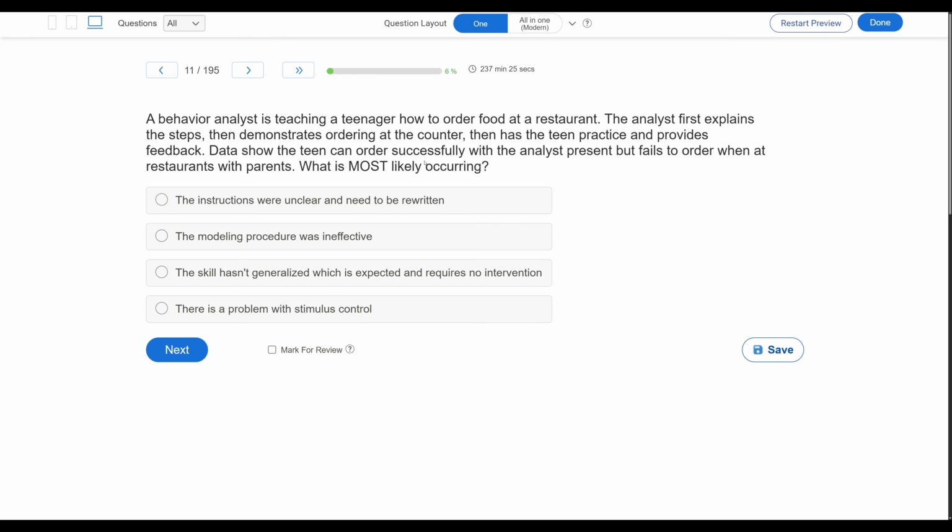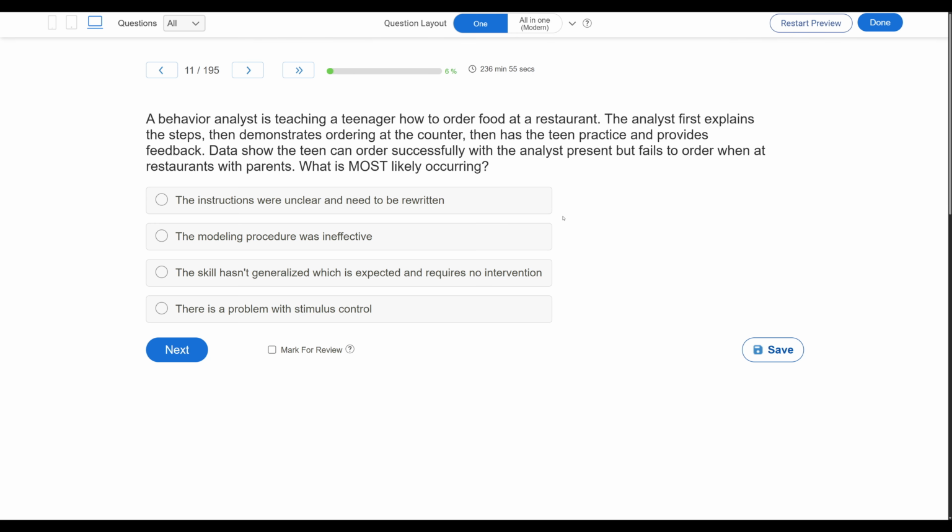And then the teen can get to the point where they are ordering with the analyst, but then they can't order with the parents. Now, immediately, you should be predicting some sort of generalization issue, right? Or stimulus control issue. Why? Well, the teen is doing the behavior with the analyst, but is not with the parents. They're not generalizing, and it might be a stimulus control thing. So, with that said, what is most likely occurring?